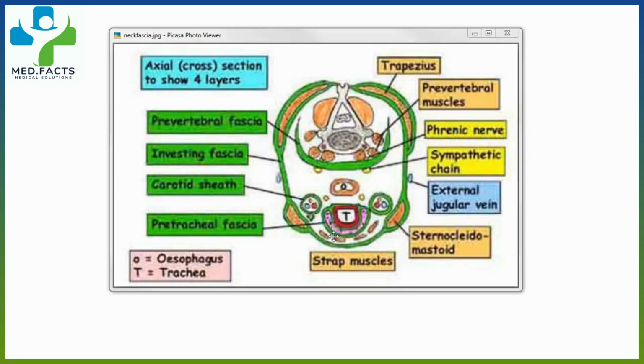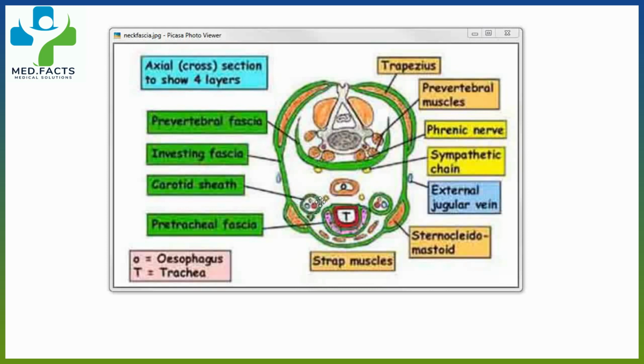Just anterior to the pretracheal fascia, you can see these little oval shapes. These represent the strap muscles, so the infrahyoid muscles. And then you've got this little circular fascia. So this is the carotid sheath, and this encloses the jugular vein, the carotid artery, and the vagus nerve.